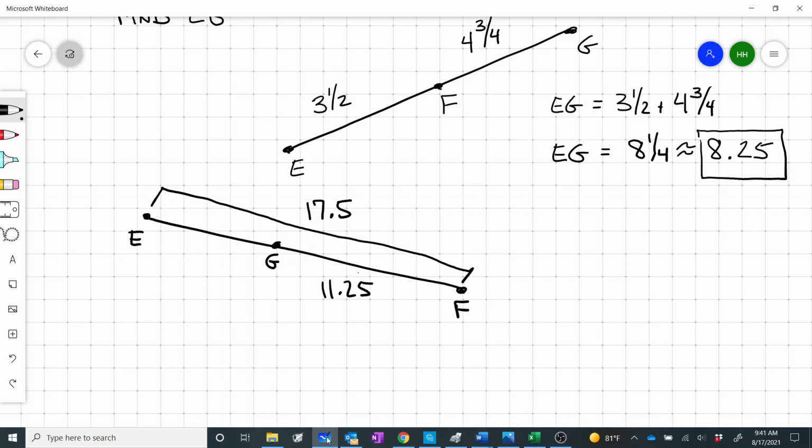Alright, so now we got to subtract, right? So now this segment EG, which is right here, is going to be equal to the 17.5 minus the 11.25. So our EG is going to be equal to 6.25.